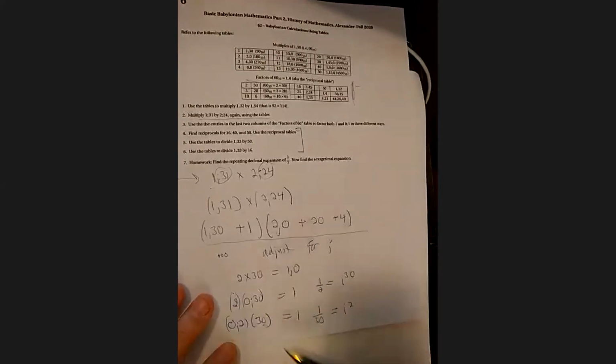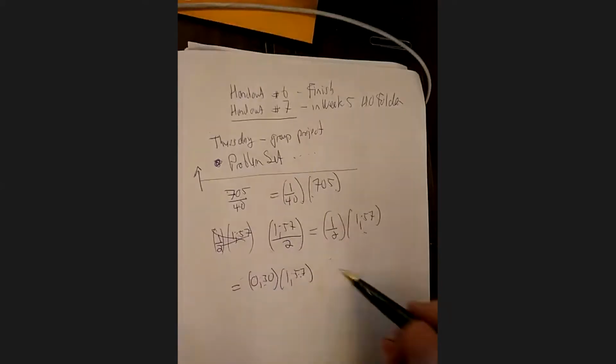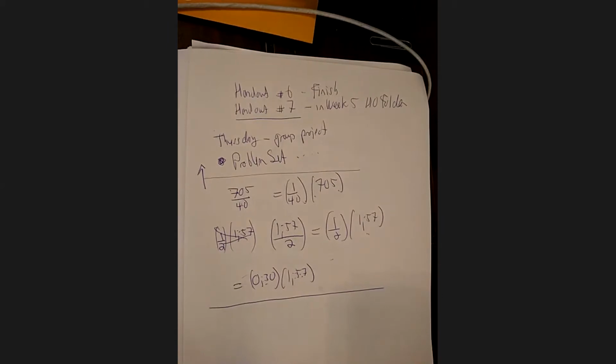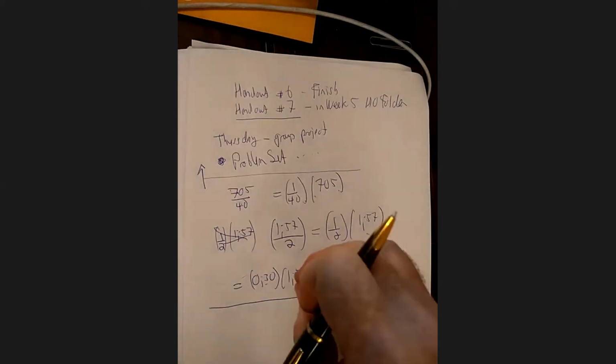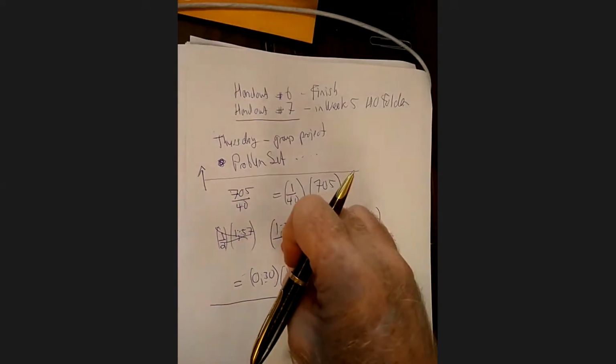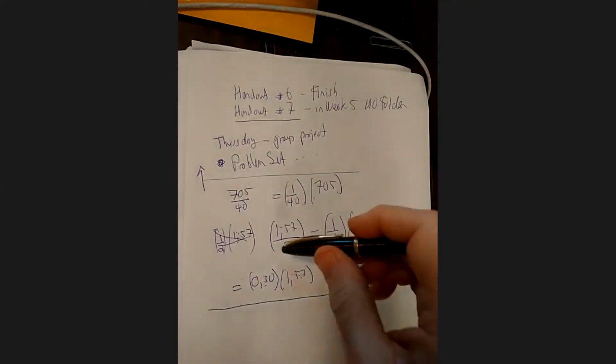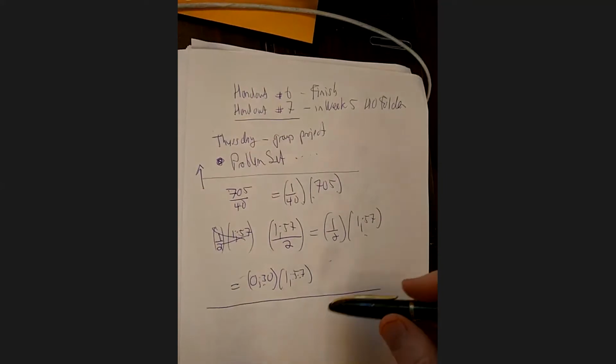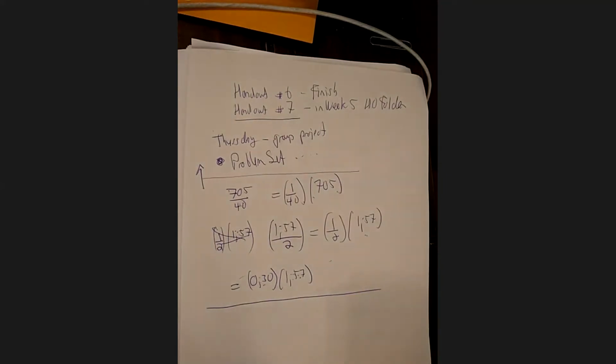And that's the rationale right there. And I can just multiply it. And so you can see that if it were bigger numbers, if you're dividing by 52 or something like that, it certainly might make sense to use tables and to find reciprocals.